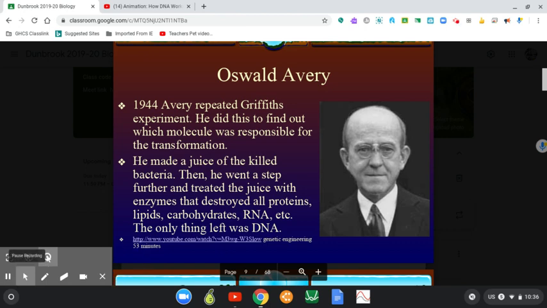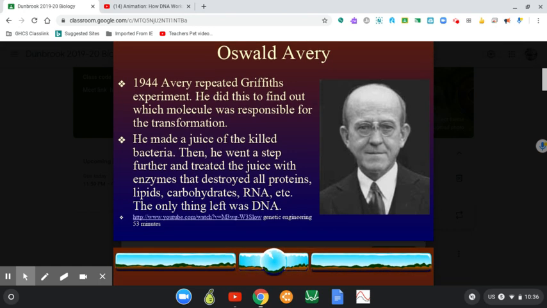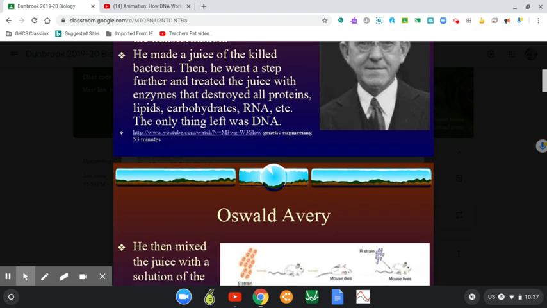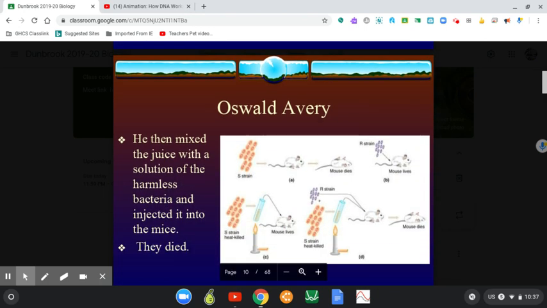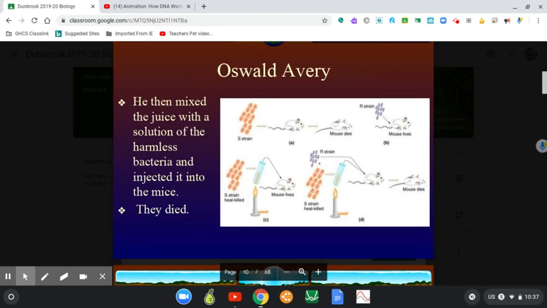So Oswald Avery, again, really repeated Griffith's experiment, but a little bit more intense. He was now trying to narrow down what the actual chemical was that caused that transformation of the bad bacteria to the good bacteria. So he did something very similar. He's mixing up different concoctions and injecting mice, but he is now able to tell if the mice got DNA, or if they got carbohydrates, or proteins, or lipids.